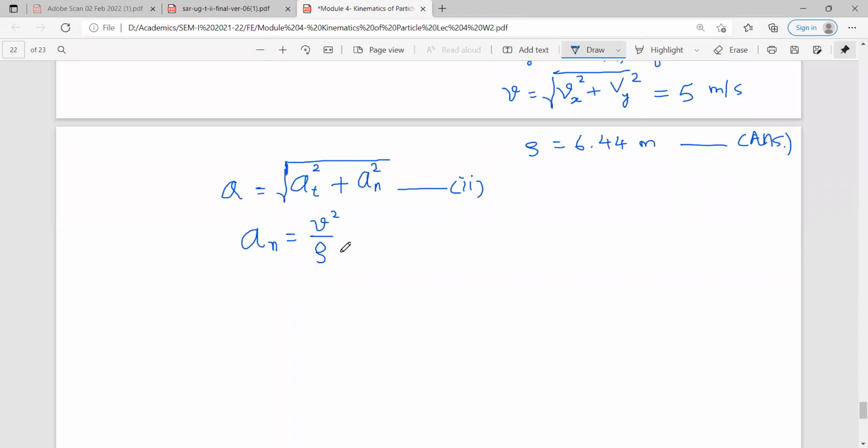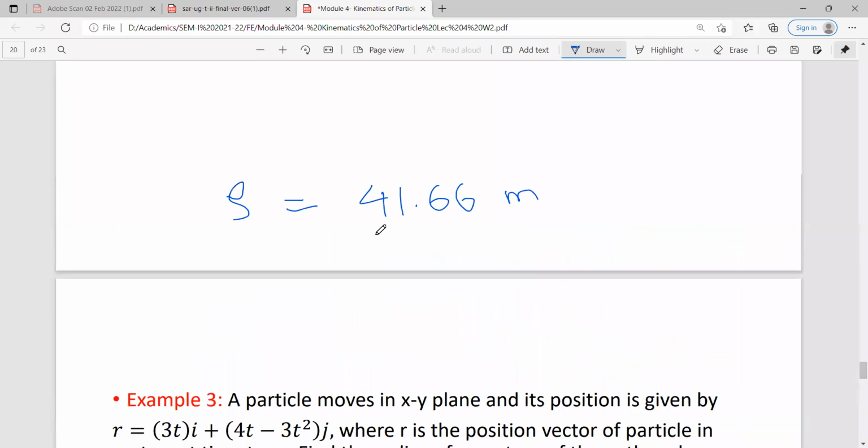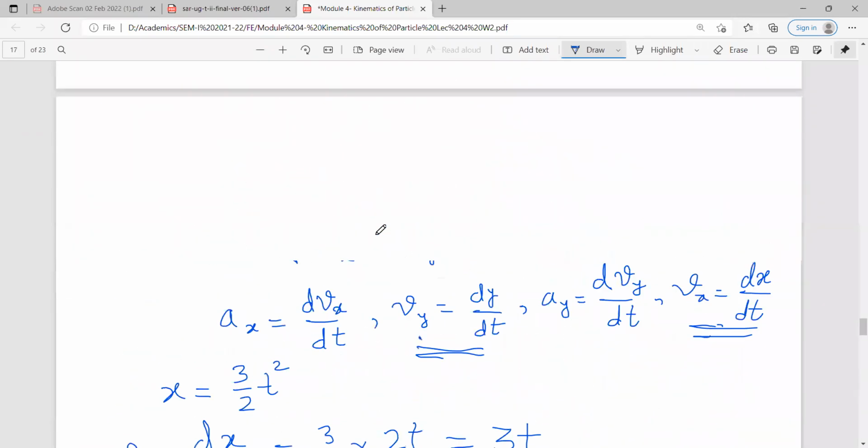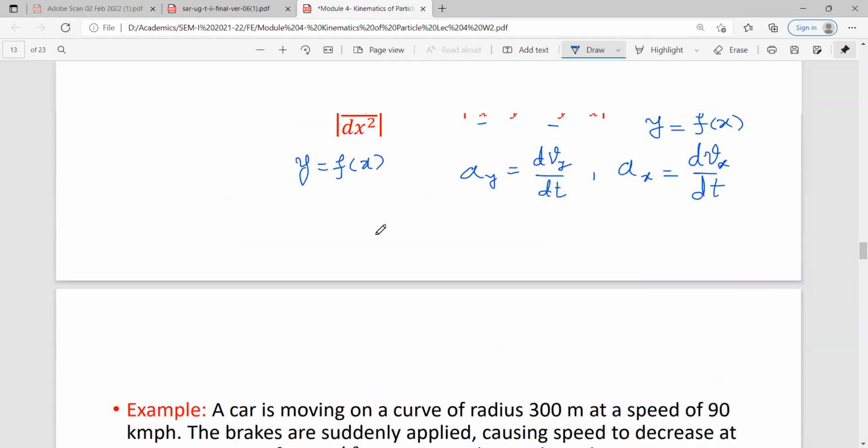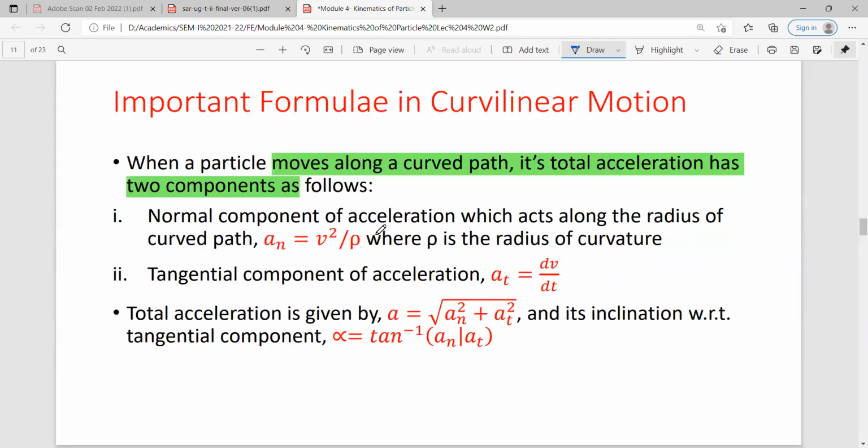This normal component of acceleration is v square upon rho.